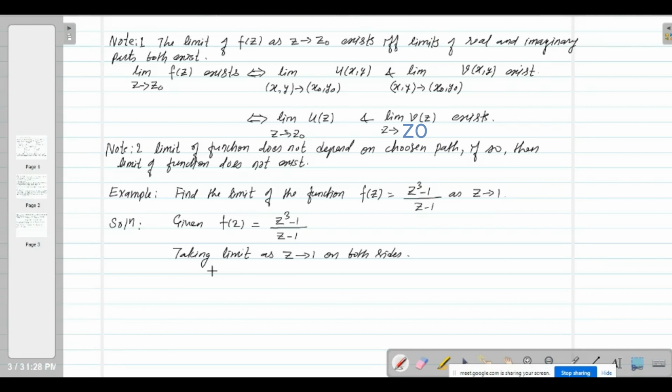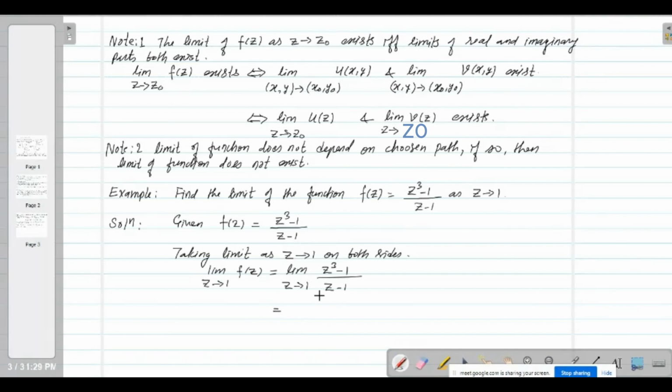Just apply the limit. So the limit as z tends to 1 of f(z) equals the limit as z tends to 1 of (z cubed minus 1) divided by (z minus 1).